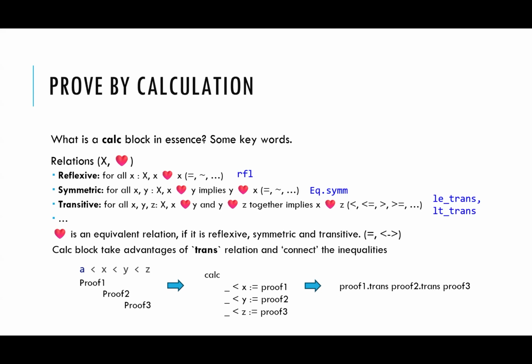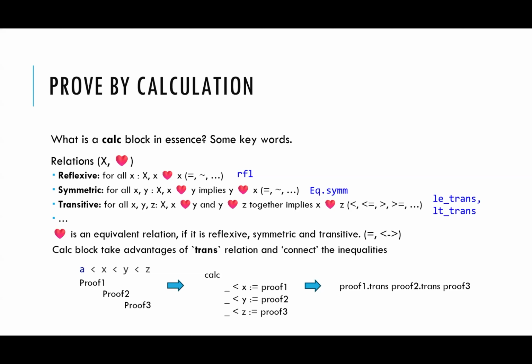A very famous definition in mathematics is that if a relation has all three properties, this relation is called an equivalence relation, which means you can classify everything up to this relation. I won't explain that here, but the key point is that the calc tactic I mentioned earlier actually takes advantage of this transitive relation.